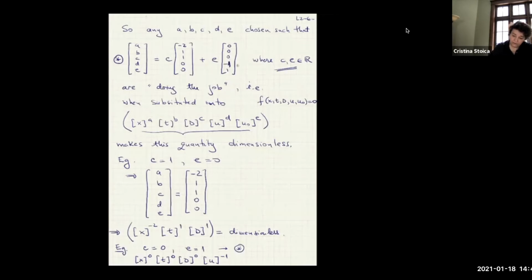So this is the D row. And then u naught at power 1. So then we have u to the minus 1 times u naught to the 1, that again is dimensionless.